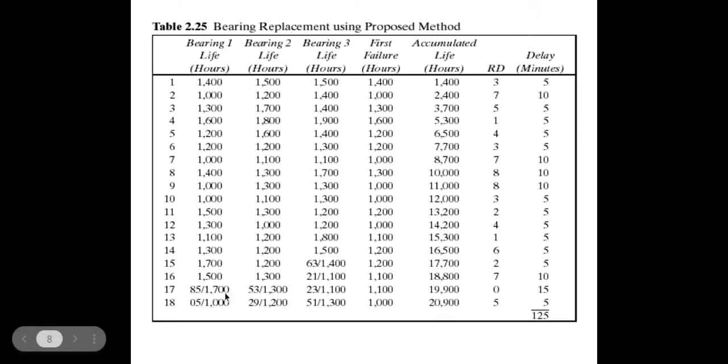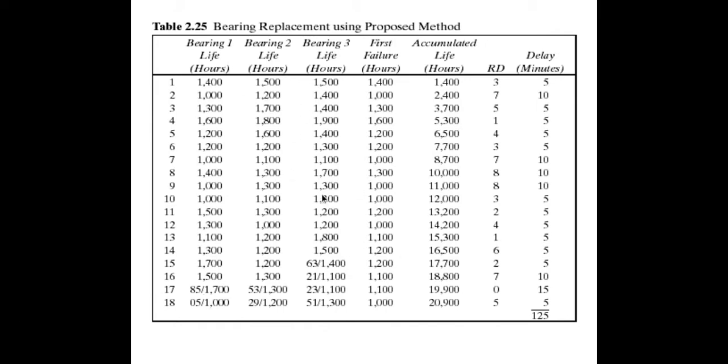And if they don't sum to 20,000, we will take the next random digit, and according to the random digit we will get the life hours of that specific bearing.